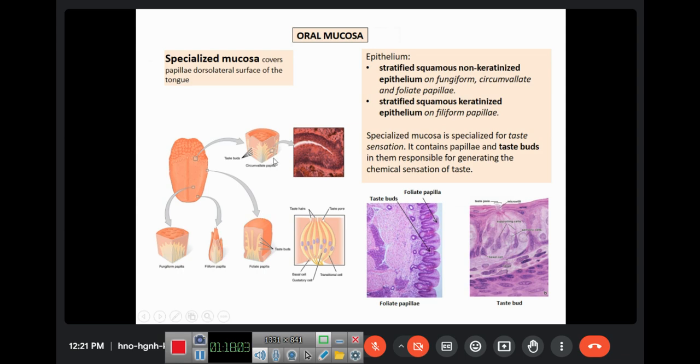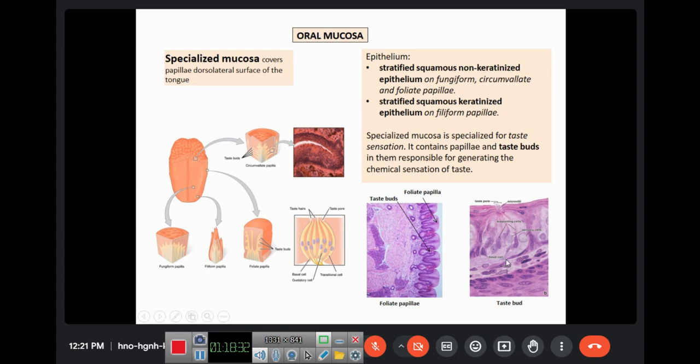All other three types of papillae include in their structure the so-called taste buds. So in this picture you can see the foliate papillae, one papilla here, one papilla here, one papilla here, and in their side walls we have lighter areas shown here in higher magnification. These are taste buds.